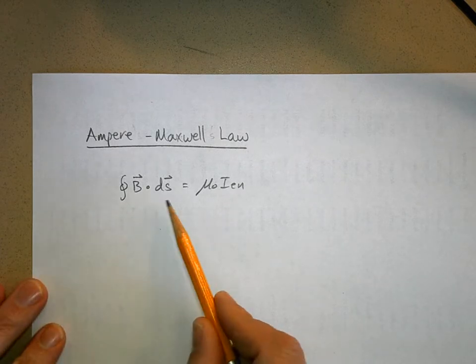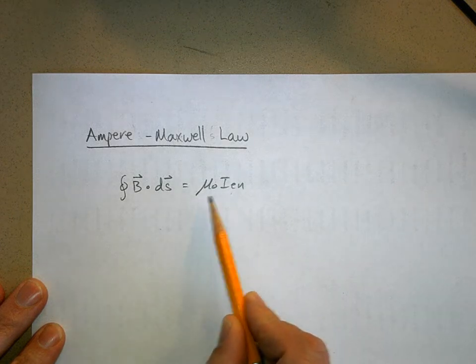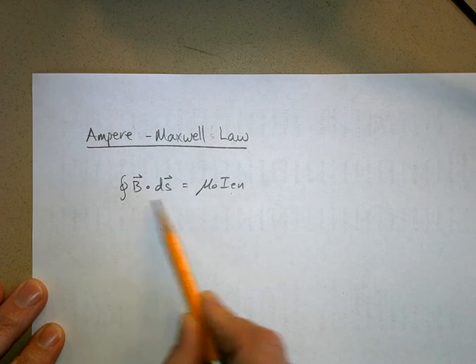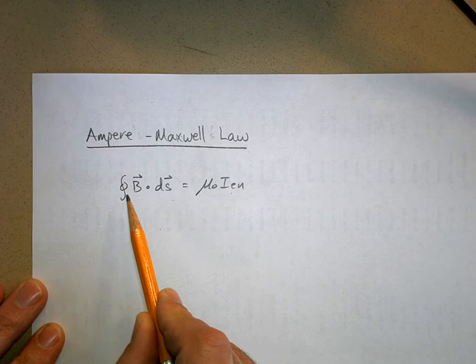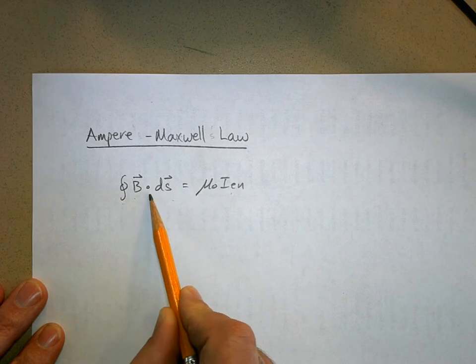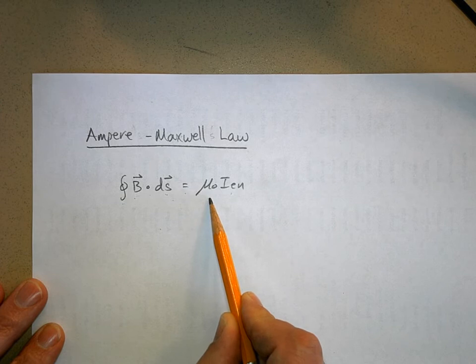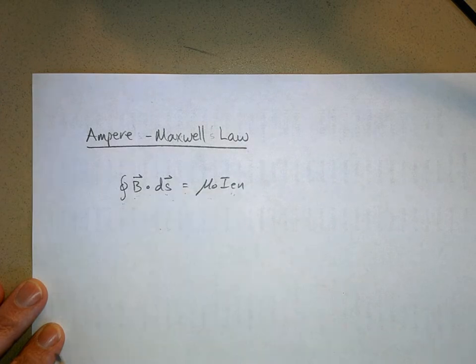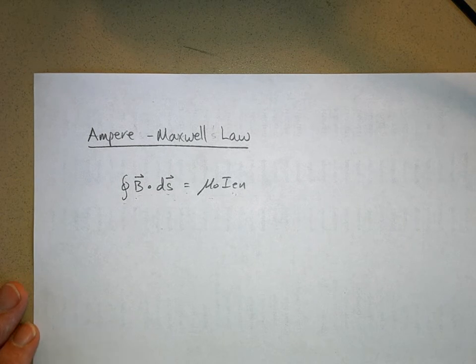So if you take a current and surround it with a closed loop, and take the dot product of the magnetic field with that closed loop, it will be equal to this constant of nature, mu naught, times the current enclosed by the loop. It's kind of a weird law, but hey, it works.